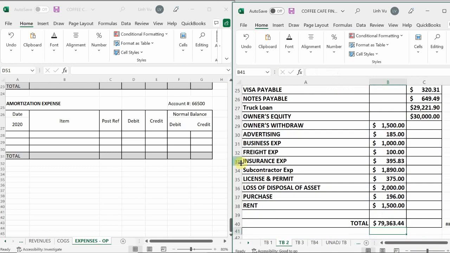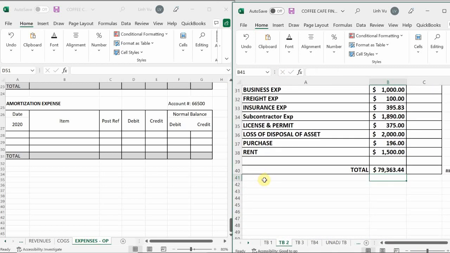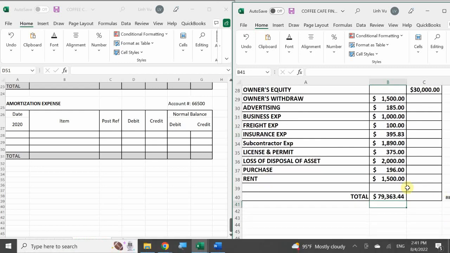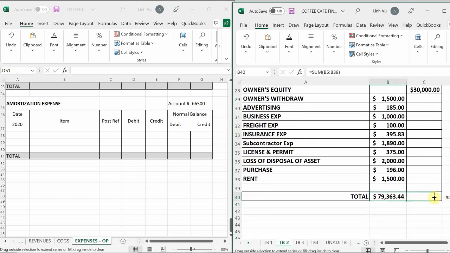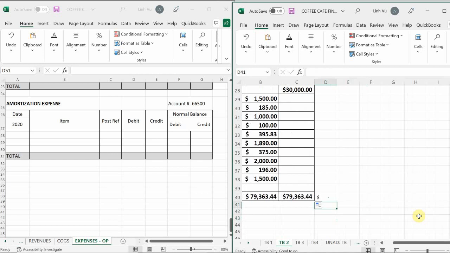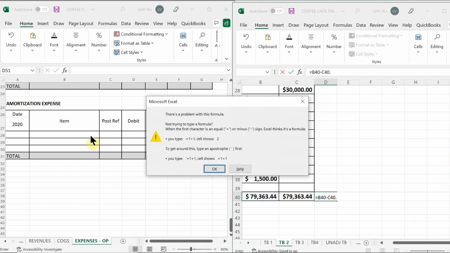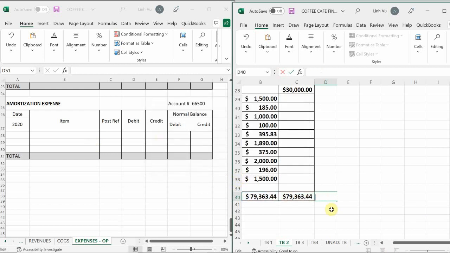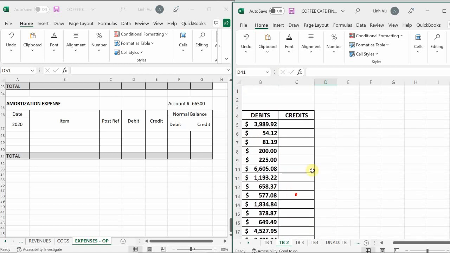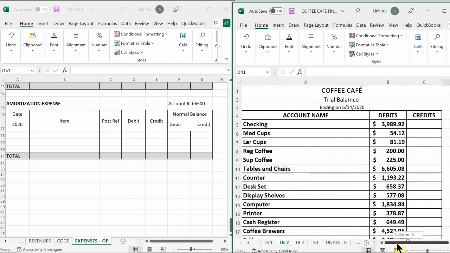I have a grand total of 79,363.44 on the left, and let's run the formula to my right. 79,363.44 on the right. Here I did my formula where I took my debits minus my credits, and if you get 0, that means you have no discrepancy. I have 0 discrepancy, so that means my trial balance is 100% correct.